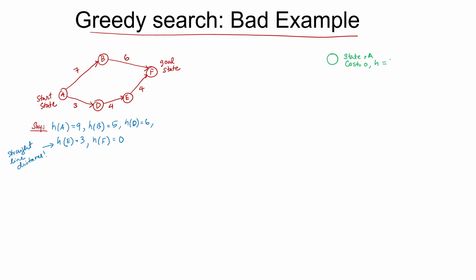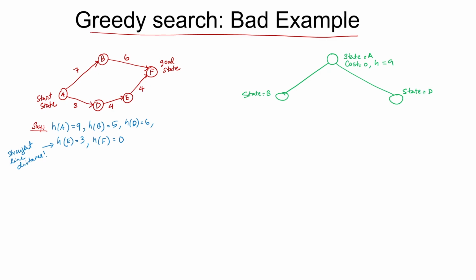And from here you can see that we have two branches we can take, B or D. So, let us do two branches. Here the state is equal to B, here the state is equal to D.